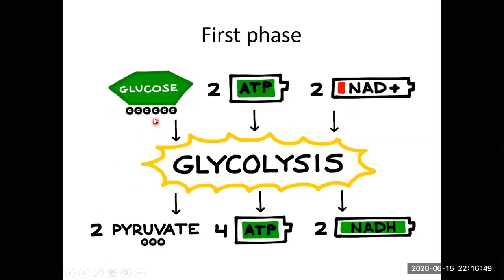One 6 carbon compound is broken down and converted into 2 three carbon compounds, one pyruvate, another pyruvate, 2 pyruvates, with the production of ATP and 2 NADH. That is a brief summary. We are going to discuss all of these steps in detail, so you don't have to worry about it.